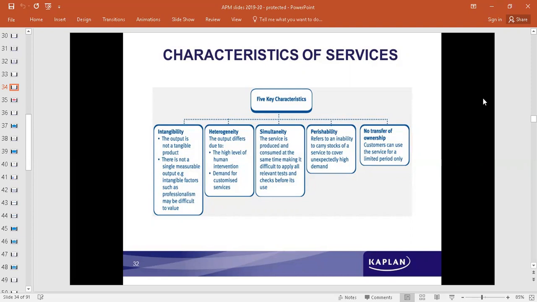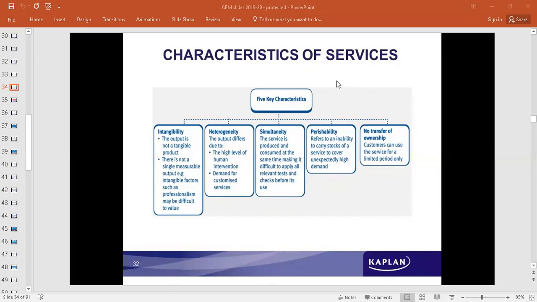Because it cannot be carried forward to the next period, the next attribute is we see that there is no transfer of ownership. The ownership is not transferable. But products, if they are not consumed now, they can be consumed at a later period. If they are not using that, they can transfer it to someone else also. So that feature is there with products, but it is not available with services.